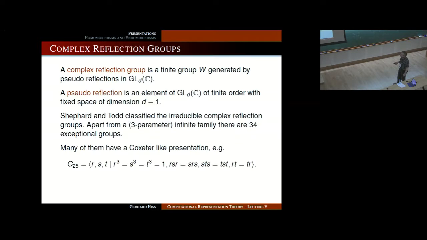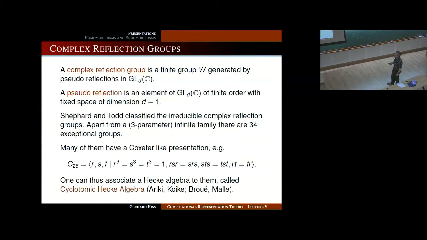And again, these groups are not Coxeter groups, but many of them have Coxeter-like presentations, where you give element orders and braid relations. And thus one can also associate a sort of Iwahori-Hecke algebra to them. This time it's called a cyclotomic Hecke algebra. This is work by Ariki-Koike and Broué-Malle.